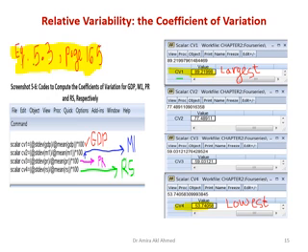Screenshot 5.6 in your textbook is shown in the current slide on the left-hand side. This screenshot provides the codes used to create these coefficients of variation. The first line gives the required code to compute CV1, that is the coefficient of variation for the GDP series.